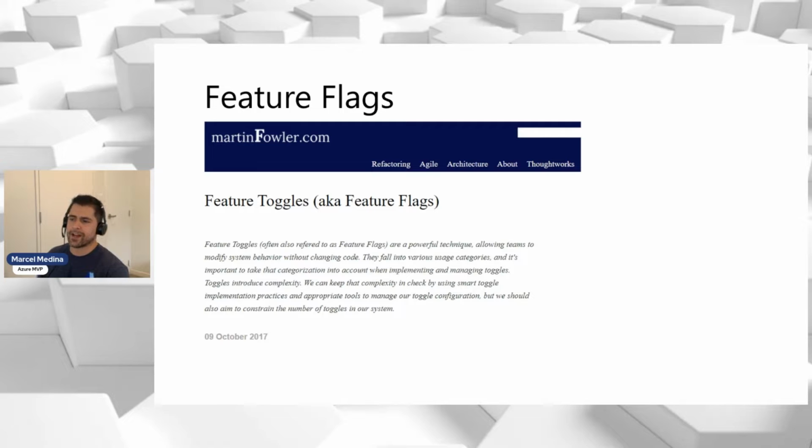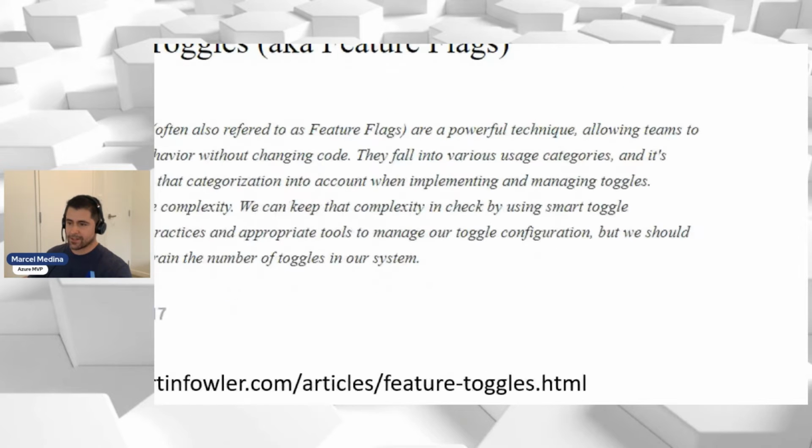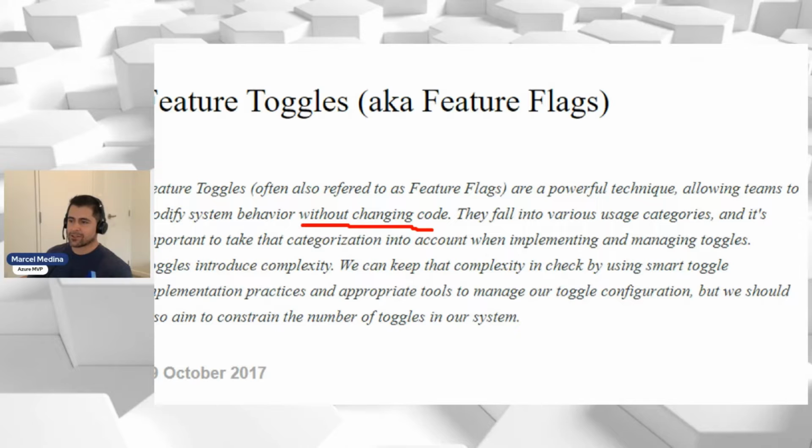Feature flags, also known as feature toggles, or vice versa. I got this reference from Martin Fowler's website. Feature flags have been around even before this article from 2017. Feature toggles are a powerful technique allowing teams to modify system behavior without changing code.